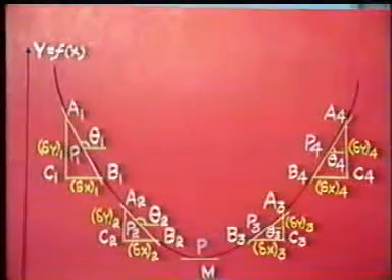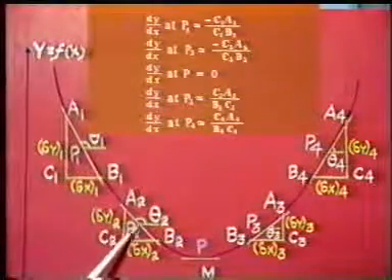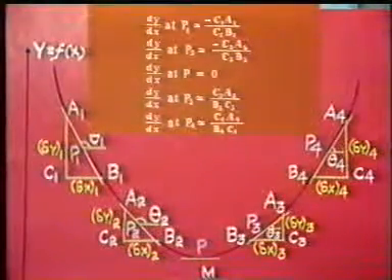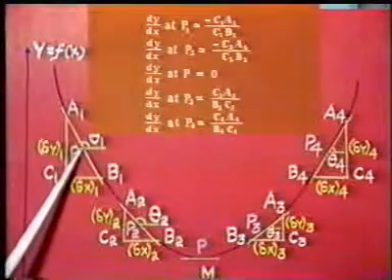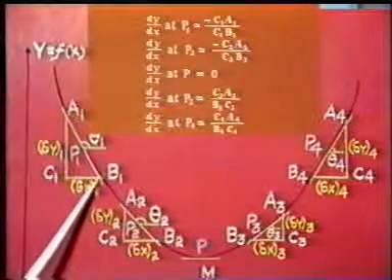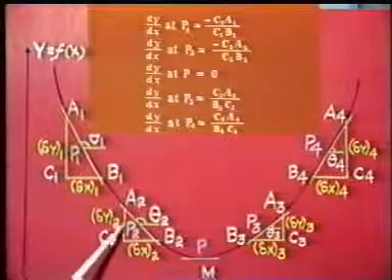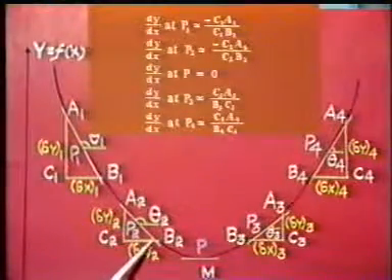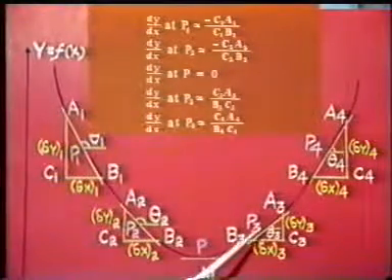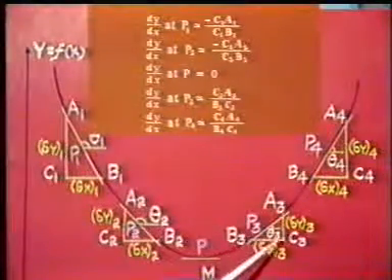Now, let us compare the values of slope dy upon dx at all points P1, P2, P, P3 and P4. dy upon dx at P1 is approximately equal to minus C1A1 divided by C1B1. dy upon dx at P2 is approximately equal to minus C2A2 divided by C2B2. dy upon dx at P is equal to 0. dy upon dx at P3 is approximately equal to C3A3 divided by B3C3.